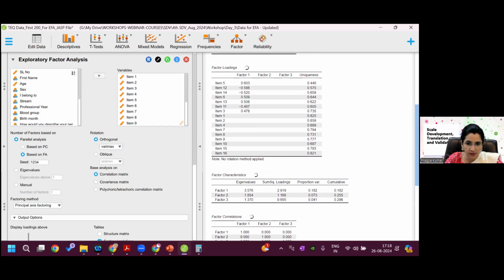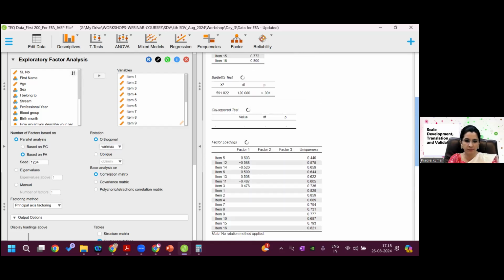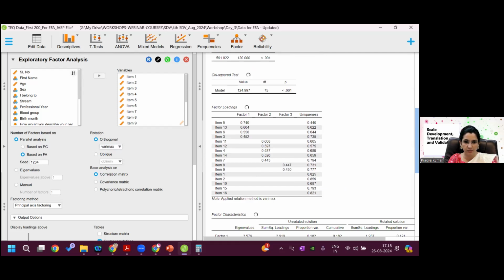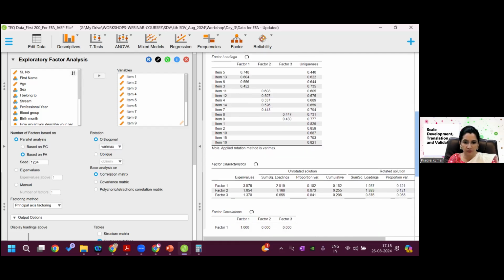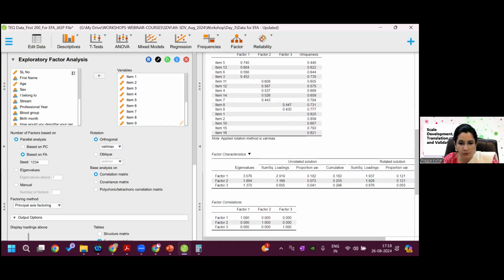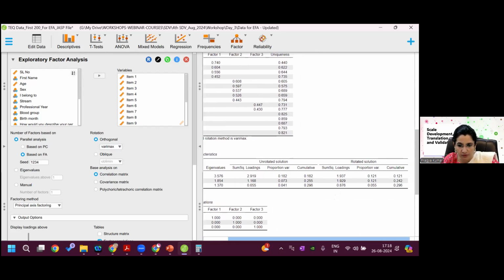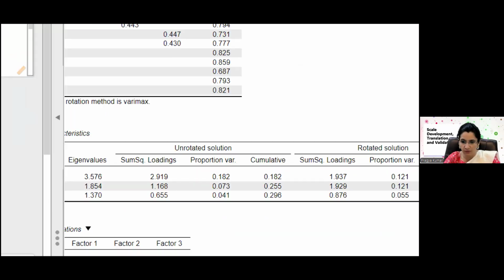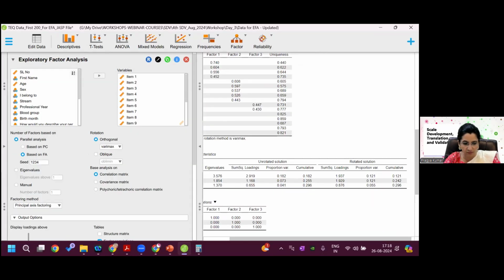If you see varimax, it again gives a 3-factor solution, and the variance explained is again the same 29.6%. Rotated also 29.6. So not much change even if you change the way of rotation.